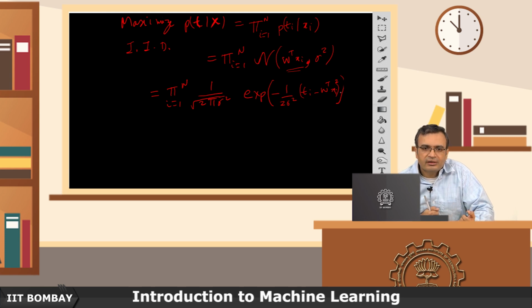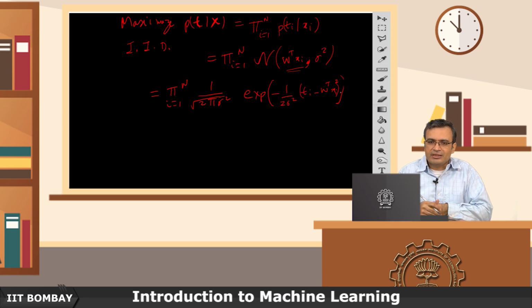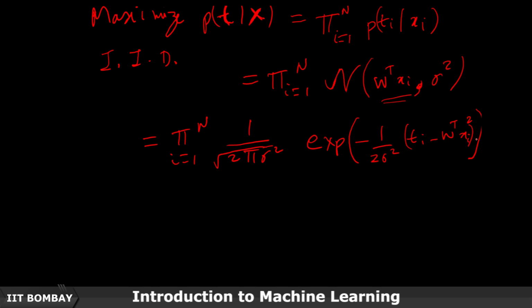So I will take the log of this and maximize it, because then I can convert this multiplication into a summation, which is easier to deal with. Plus the exponential term will become something that is easier to deal with. So instead of this, I will maximize the log probability of t, where t is a vector, given x, and let me neglect all the constants.